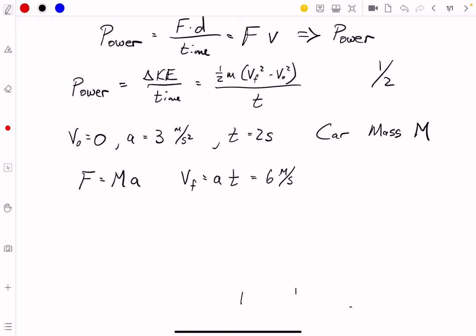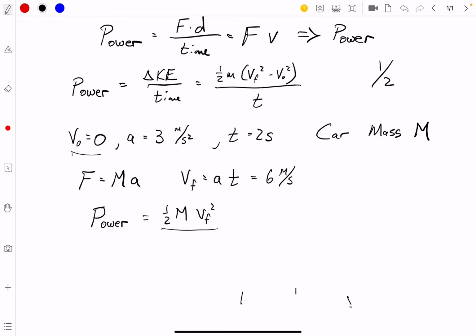Nice. And we're going to figure out the power. Initially, V naught we know is 0, so we're going to get rid of that. And so our power is 1/2 the mass of the car, and what I really want is a big mass, times V final squared.